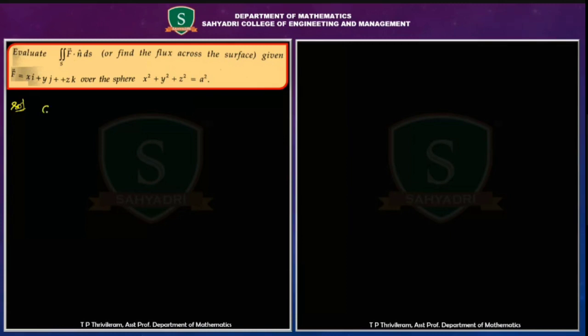So let us see how to do this. First write the given F function, which is equal to x i plus y j plus z k. If I use the Gauss divergence theorem for this, we have to find the divergence. So the divergence of F will be how much?